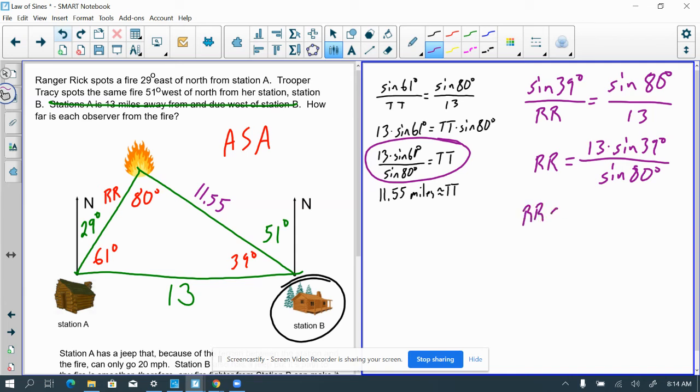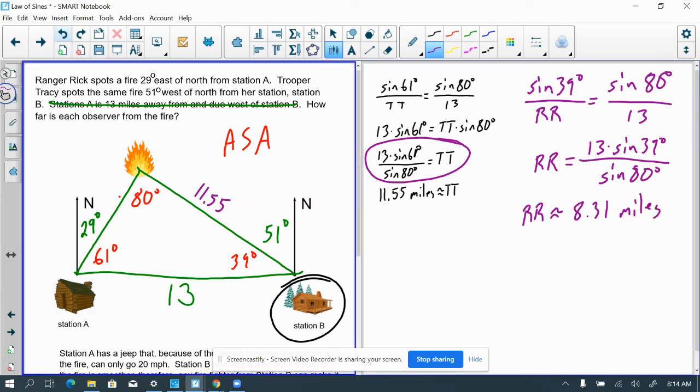So what do I discover about how far Ranger Rick is? 13 times the sine of 39 is 8.18. Divide that by the sine of 80, and I get 8.31 miles. So now I know a lot of really good information. Ranger Rick, of course, is closer. We could tell that by the drawing. He is about 3 miles closer than Trooper Tracy.